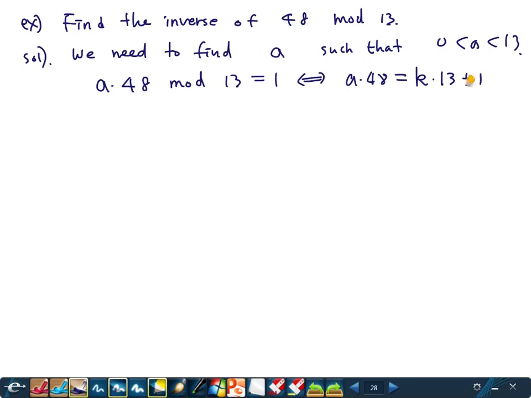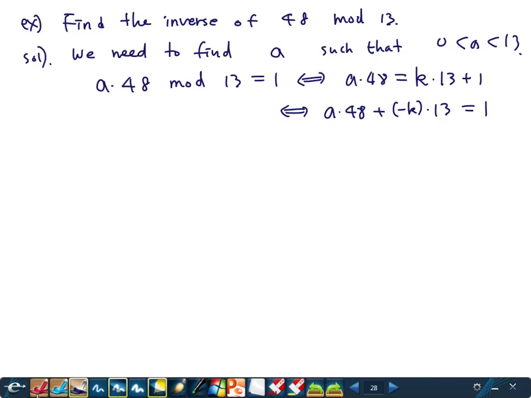This is exactly what this mod means. Moving the other side over, we write minus k equals 1. We want to find an integer a satisfying this.